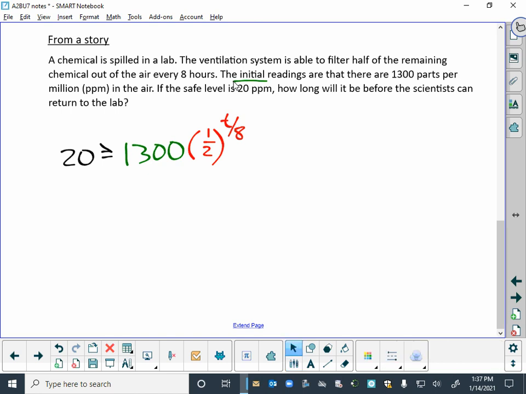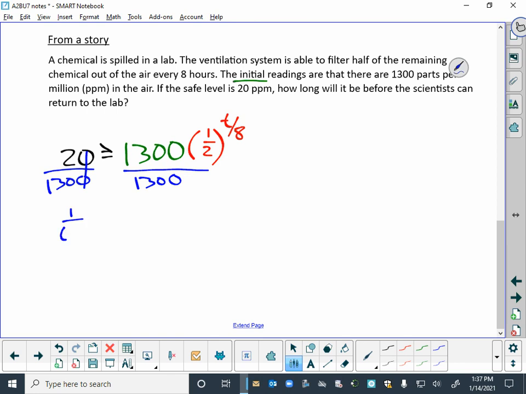We'll do this one different than we did the last one. So, I mean, we could do arrow diagram again, or just show more traditional methods for this. It's going to start by dividing by 1300. I can see that 1/65th is equal to 1/2 to the t over 8 power.